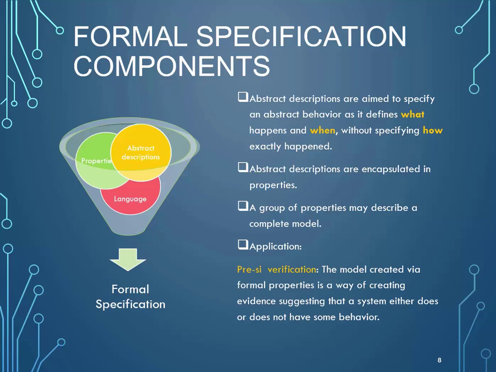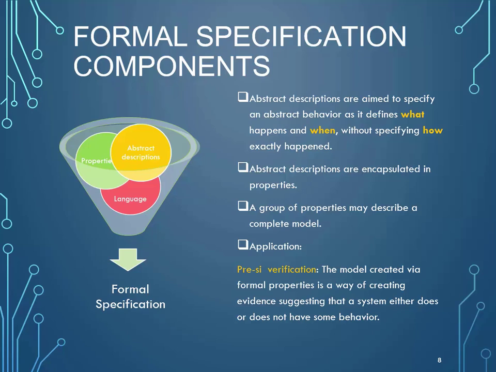Again, abstract descriptions are encapsulated into properties as part of our language that helps us build sequences in a more useful way. Again, a group of properties might describe a complete model. If we divide all the things that we want to check, it is much simpler than if we start with a very complex scenario that might have several branches that we are not seeing as we wrote them.